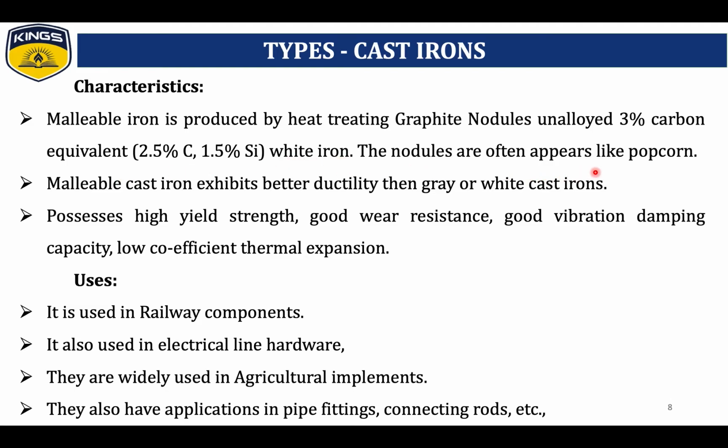These nodules often appear like popcorn, that is the structures are popcorn-like, and these exhibit better ductility than gray and white iron and possess high yield strength, good wear resistance, good vibration damping capacity, and low coefficient of thermal expansion. This is used in railway components, electrical line hardware, agricultural implements, also some applications in pipe fitting, connecting rods, etc.